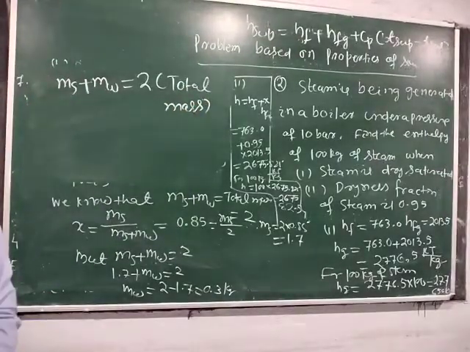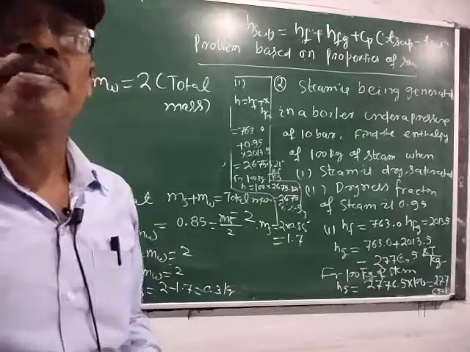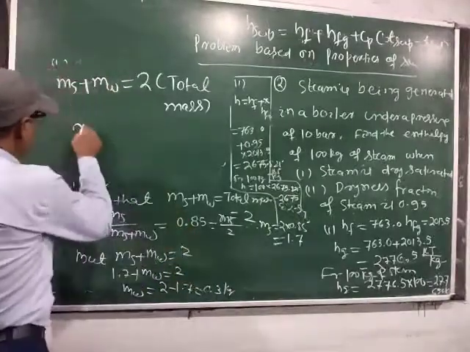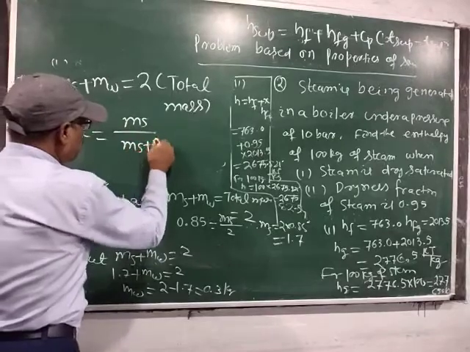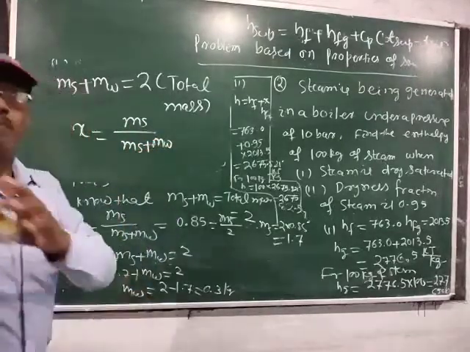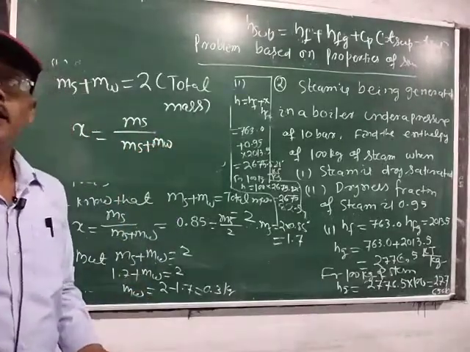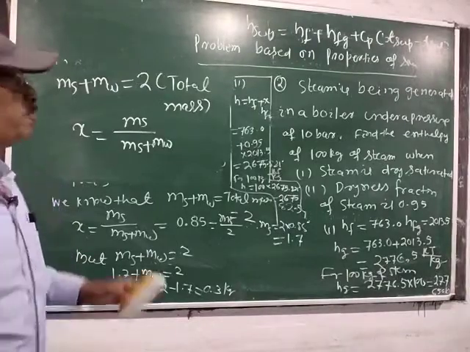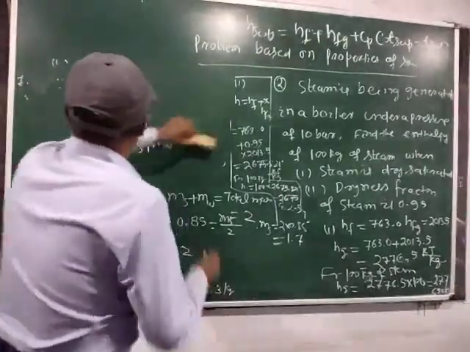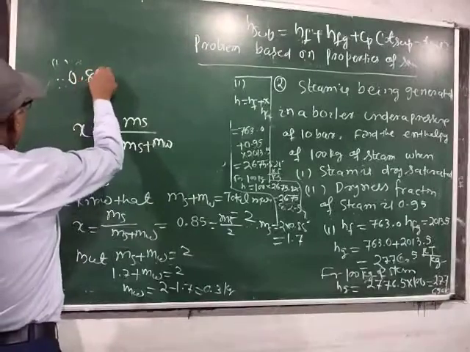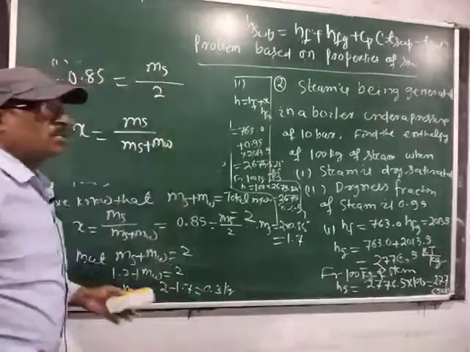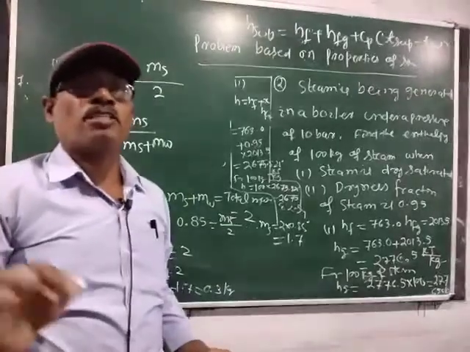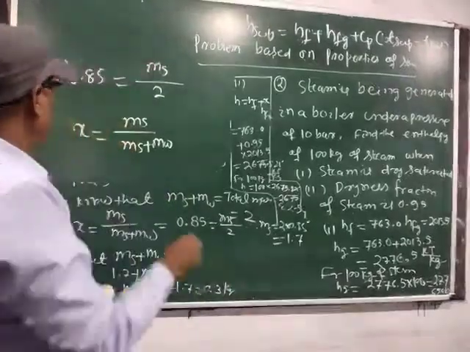But we know that dryness fraction of steam x is equal to Ms by Ms plus Mw. But x is equal to 0.85 is equal to Ms by 2, because total mass is equal to Ms plus Mw is equal to 2.